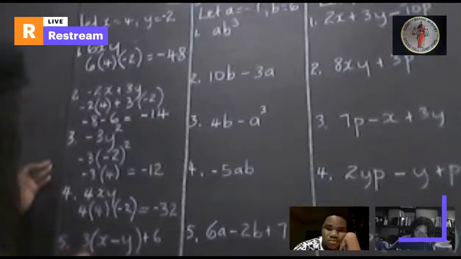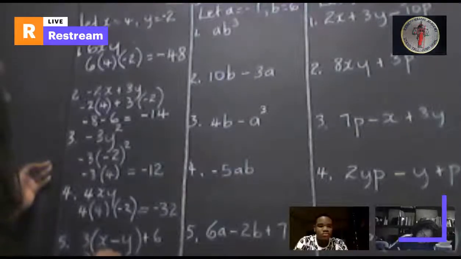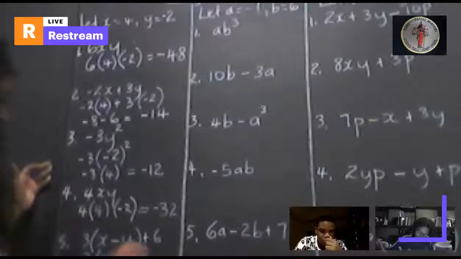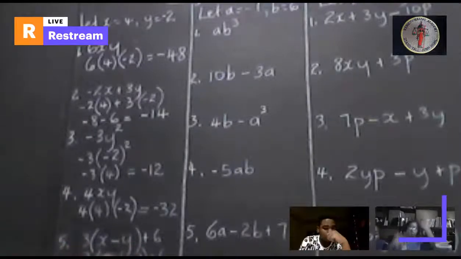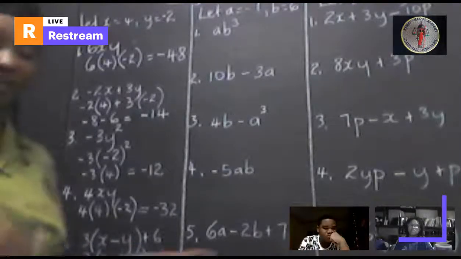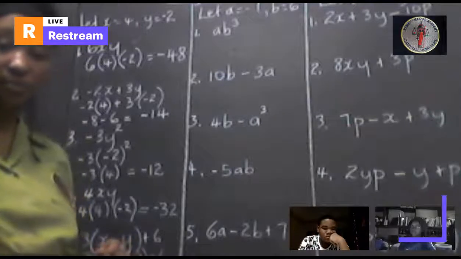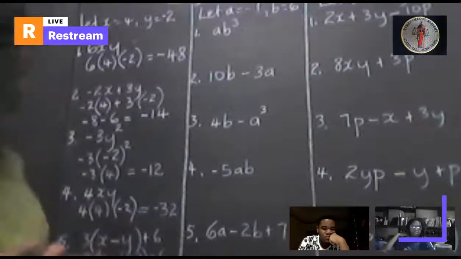So we have 3 bracket x is 4 minus y is negative 2 plus 6. So in the bracket, the 4 minus negative 2 would be the same as 4 plus 2, which is 6.